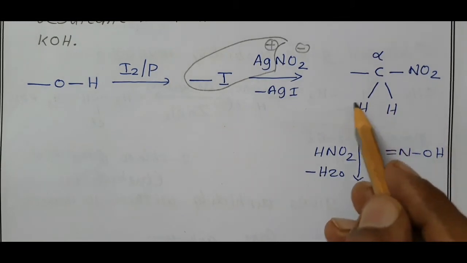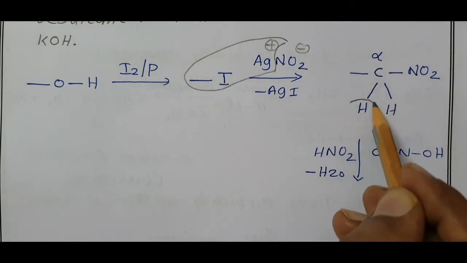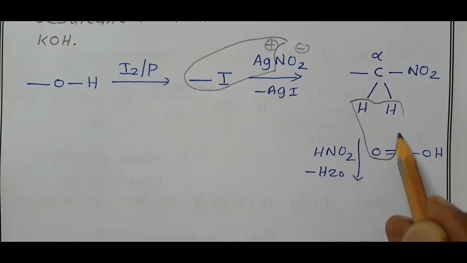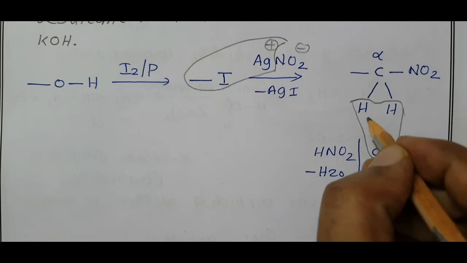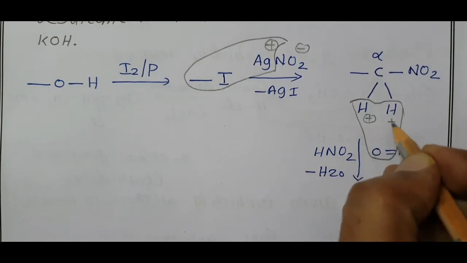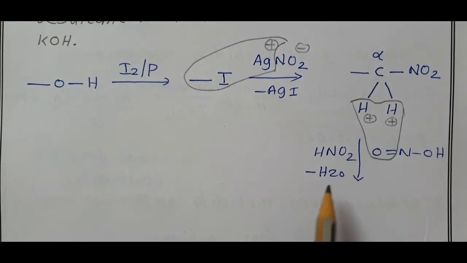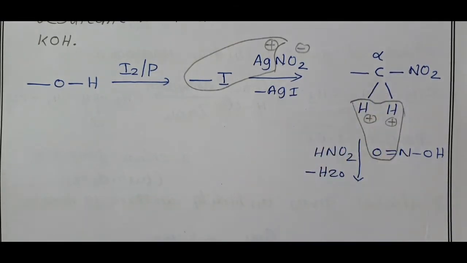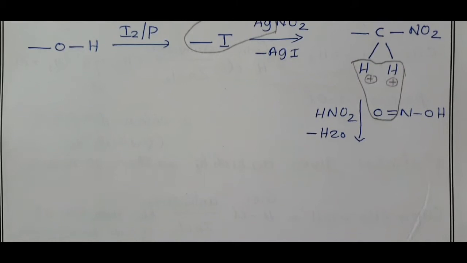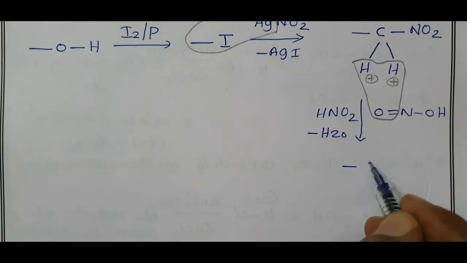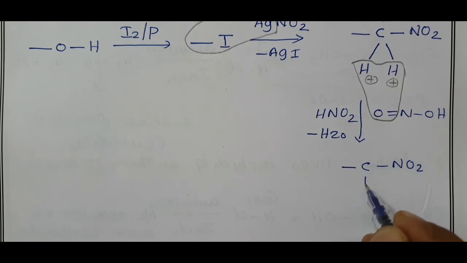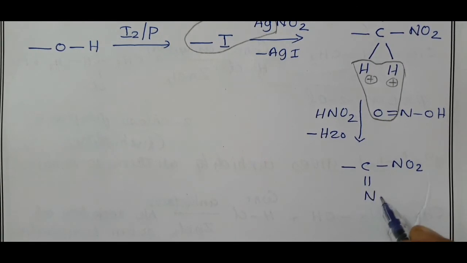Because we have two alpha hydrogen atoms, this H plus and this H plus, this O2 minus is removed as H2O. Now there is a double bond formed between carbon and nitrogen.